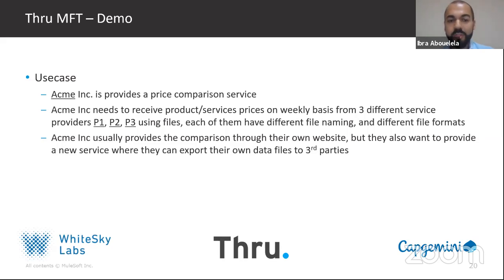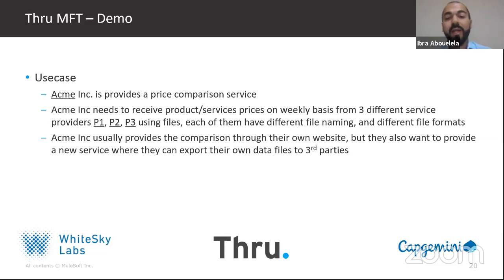And Acme Inc. needs to receive product or service prices, let's assume on a weekly basis, from 3 different service providers. It has been doing that through files, and each of these providers has different file formats, different file names, and endpoints, of course.